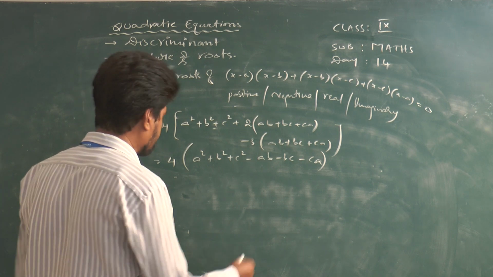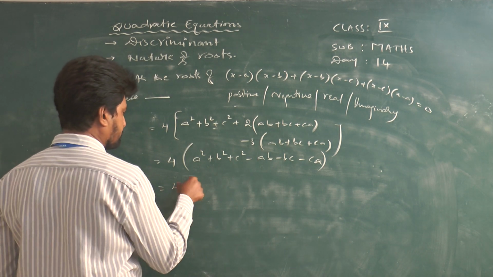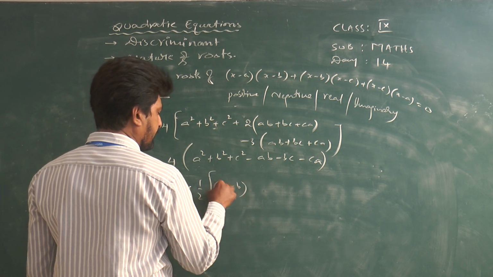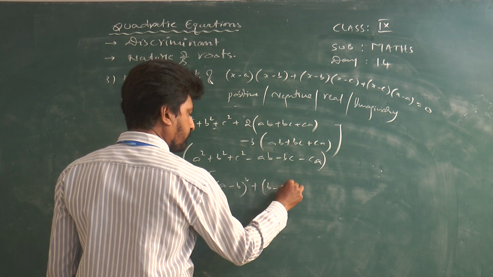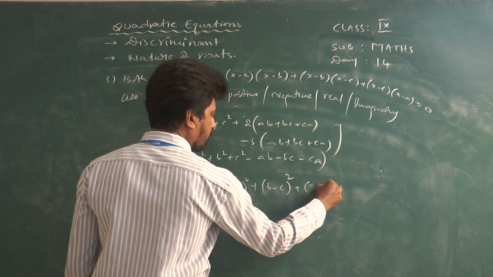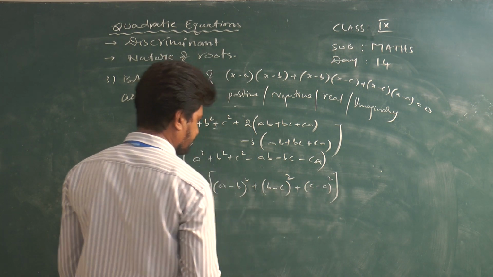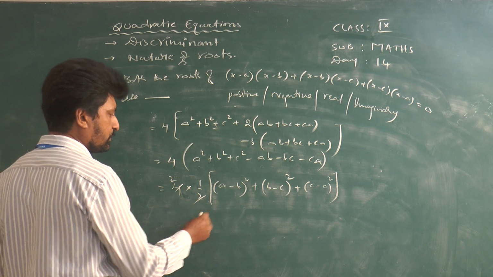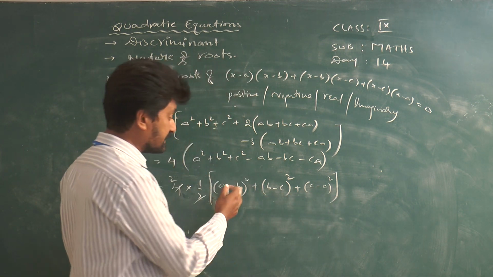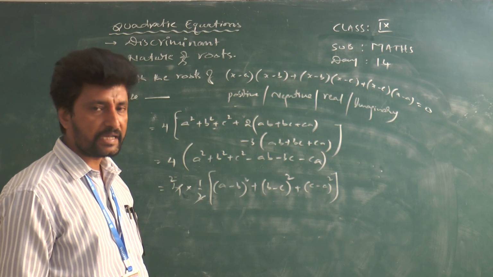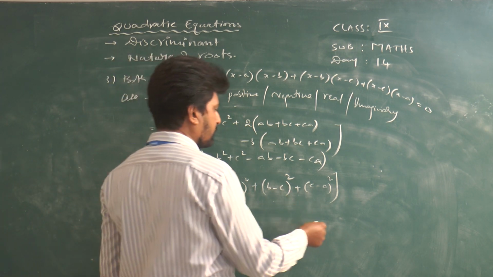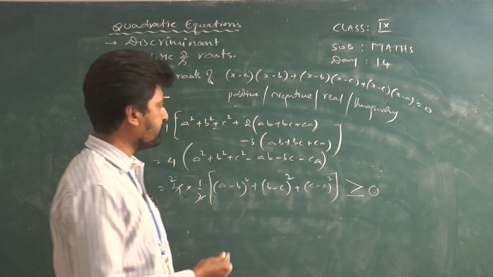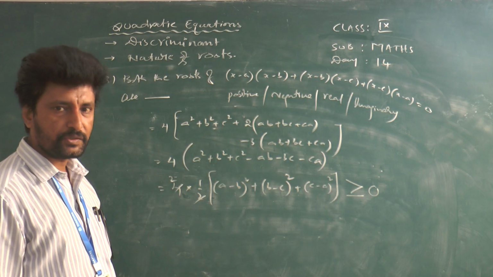Also we can write it as 4 times 1 by 2 into (a minus b) whole square plus (b minus c) whole square plus (c minus a) whole square. Of course 2 is positive into the total quantity, thus it is the sum of perfect squares that cannot be negative. That's why the value is always greater than or equal to 0. Equal to 0 happens if a, b, c three are equal.